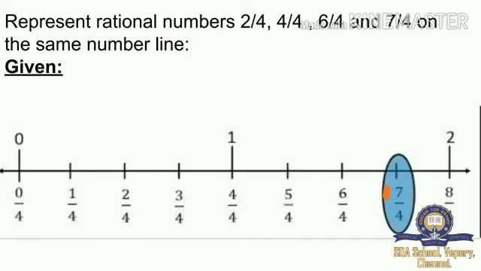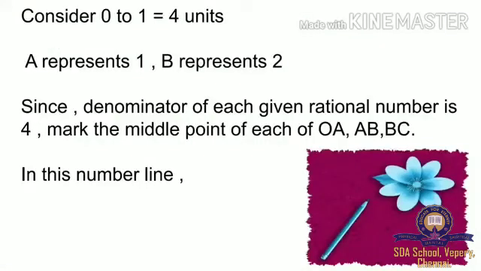On the number line we are considering, from 0 to 1, how many units? 4 units, right? On the number line we get 4 values.